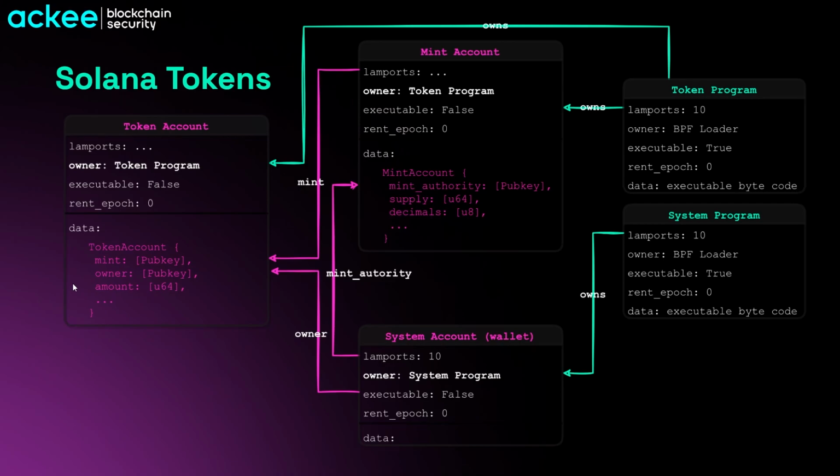However, associated token accounts have predefined rules for creation, with their addresses being derived from the mint public key, so this data field, and the owner public key. This distinction then leads to a situation where you can have multiple token accounts for a specific token and only one associated token account for that same token, because mint and owner will always be the same for one owner and one mint.